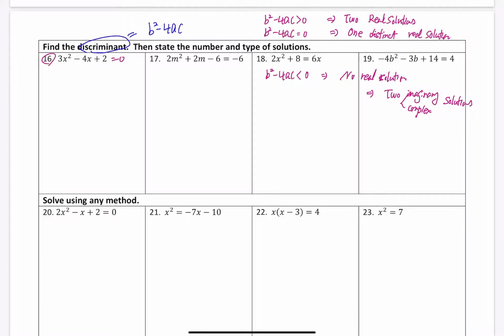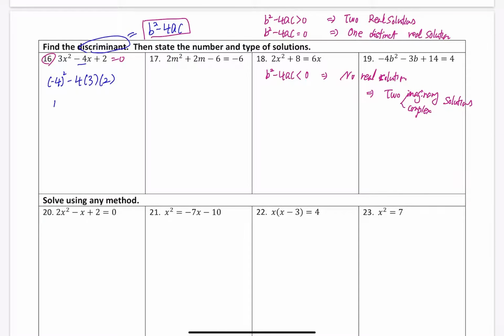All right, number 16. Let's find the discriminant. Discriminant is b squared minus 4ac. So b is negative 4, using parentheses, squared, minus 4, a is 3, c is 2.